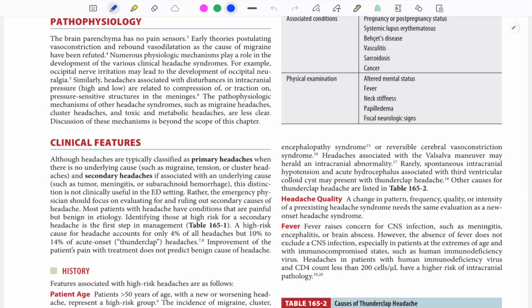The incidence of migraine, cluster and tension headaches, which are your primary headaches, decreases with age, thankfully. So I will have fewer migraine episodes when I get older, hopefully. This raises the likelihood of ominous pathology in older patients. Next, the onset of symptoms.